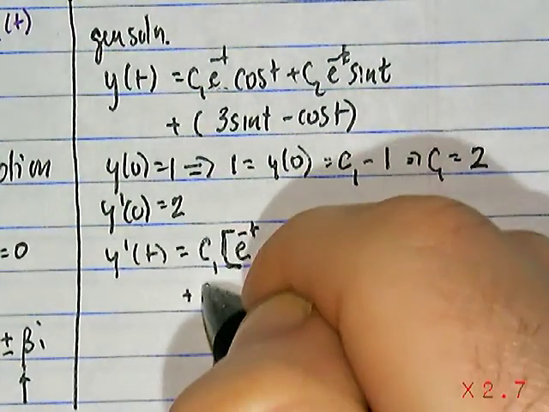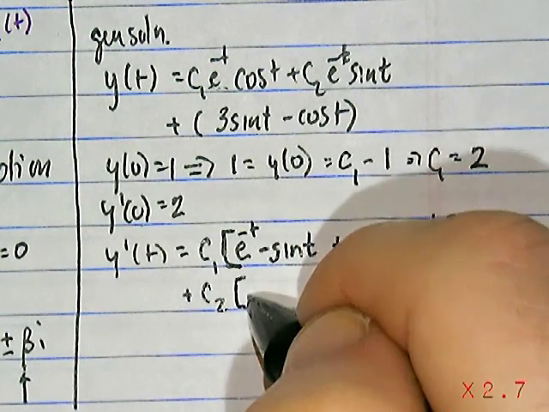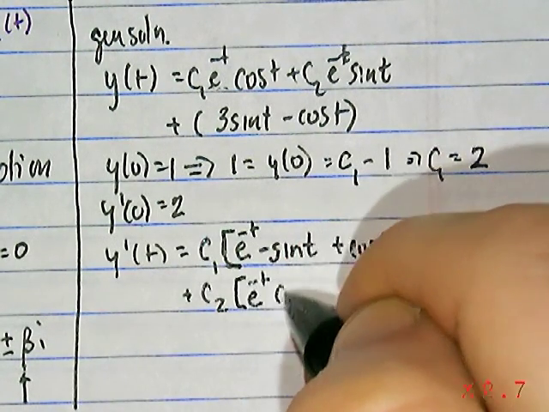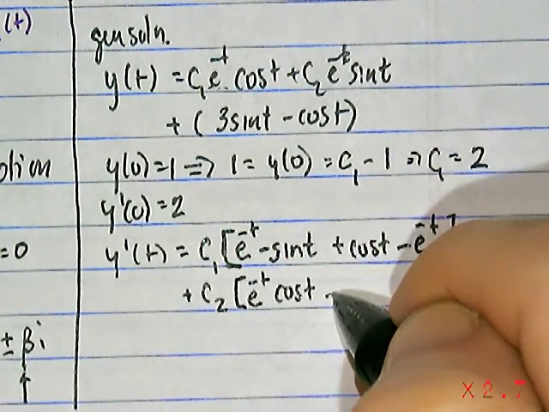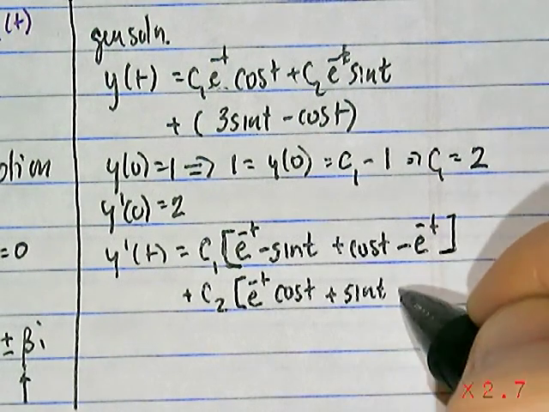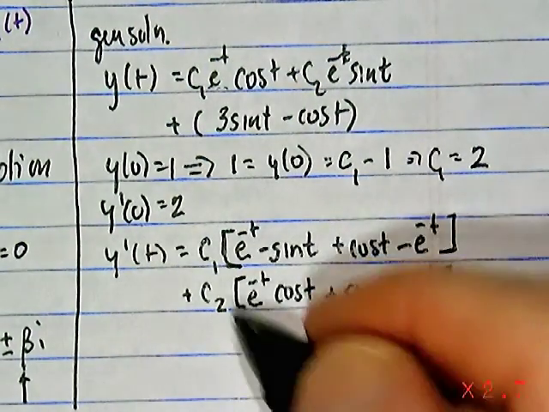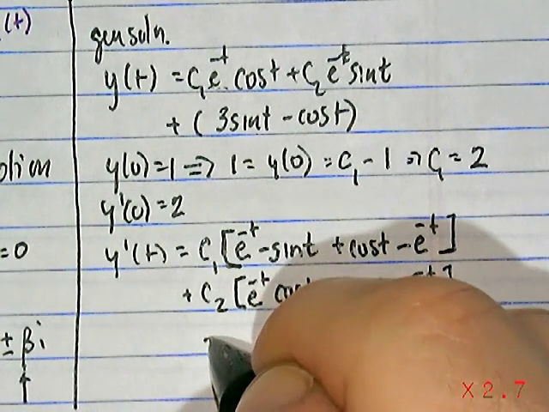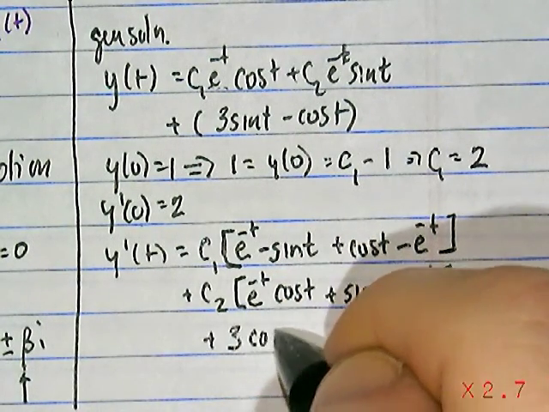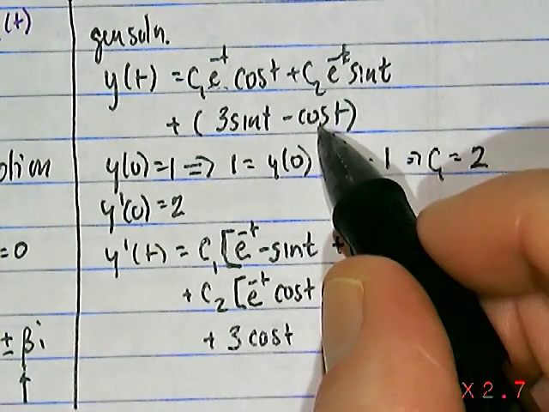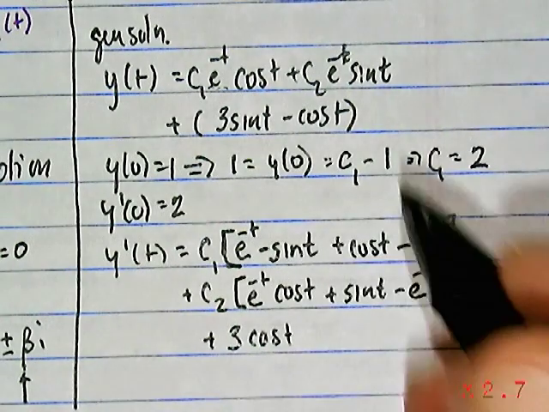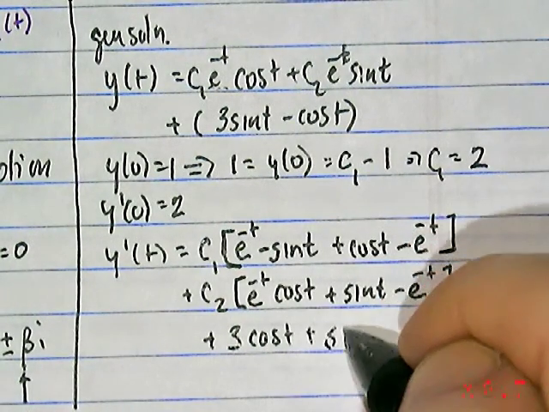The next part, plus c2 times what? E to the minus t times cosine of t, plus sine of t times minus e to the minus t. And then the other parts would just be plus 3 cosine of t, and then since the derivative of cosine is minus sine, we'll just get plus sine of t.